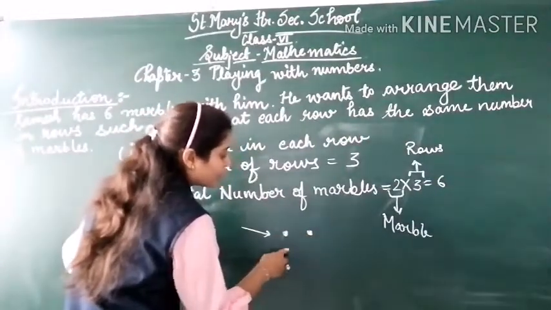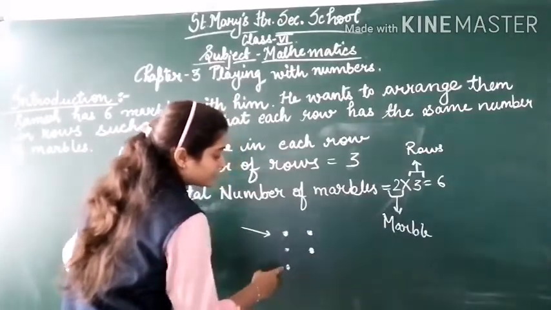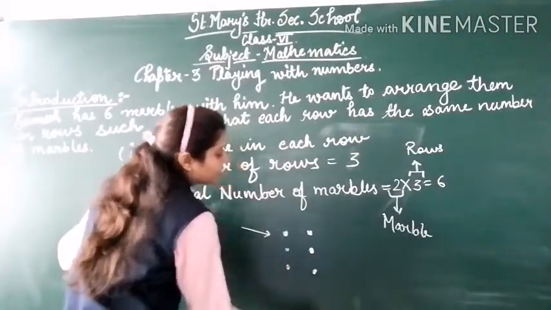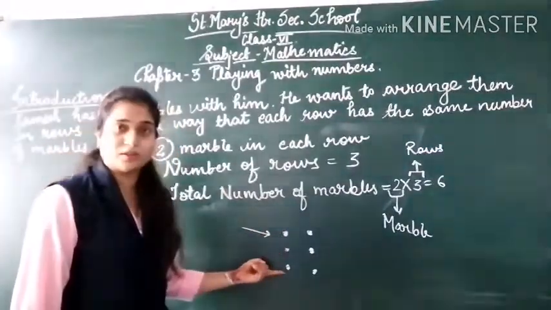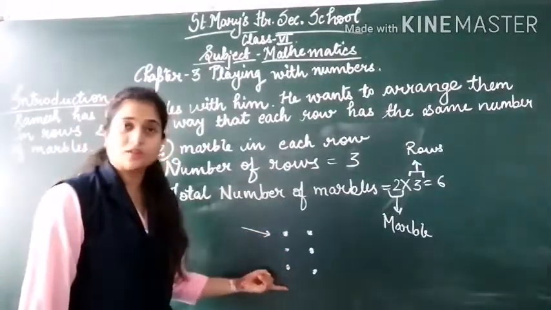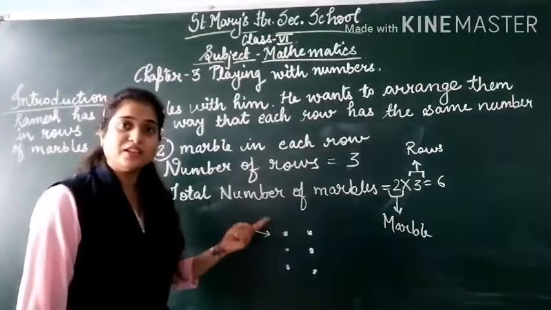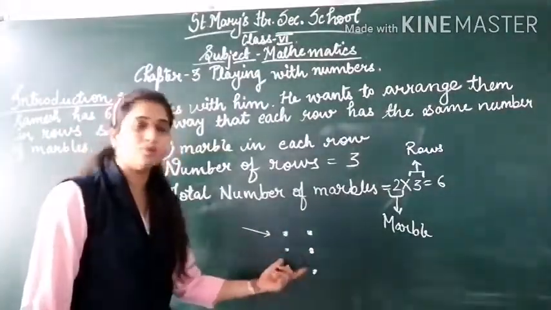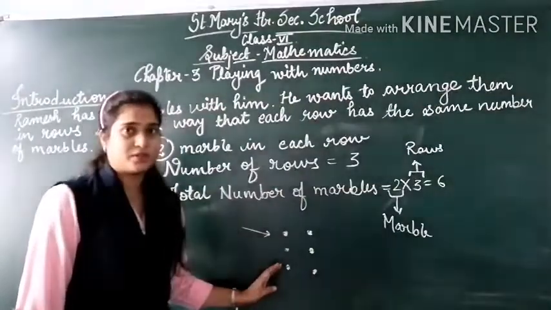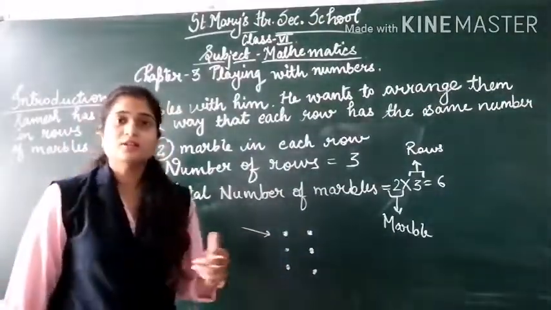This is the second row, and this is the third row. In the first row, 2 marbles, in the second row, 2 marbles, in the third row, 2 marbles. So total 6 marbles are there. Now let us see the third pattern.